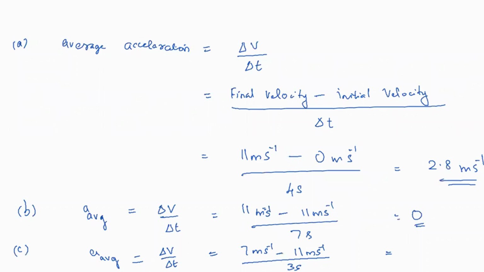Using the equation for average acceleration, we substitute the values: 7 minus 11, which is minus 4, over 3, which is minus 1.3 meters per second squared. This means that he has been reducing his speed, or decelerating.